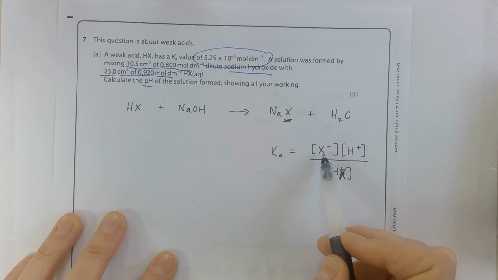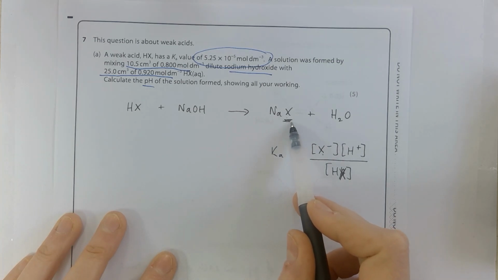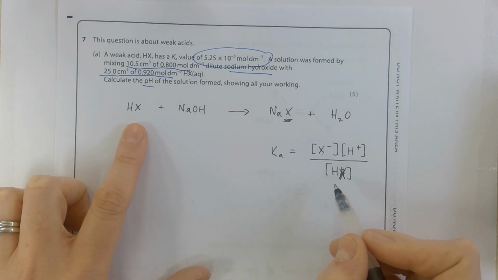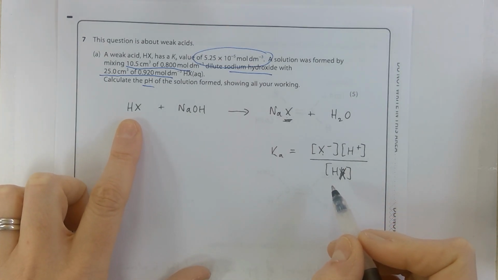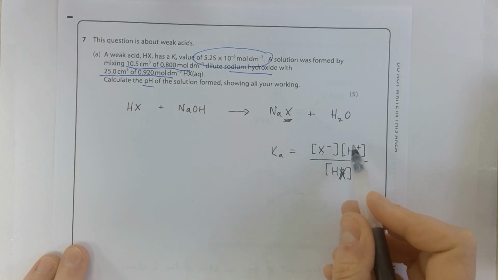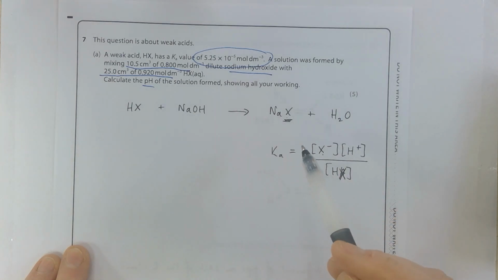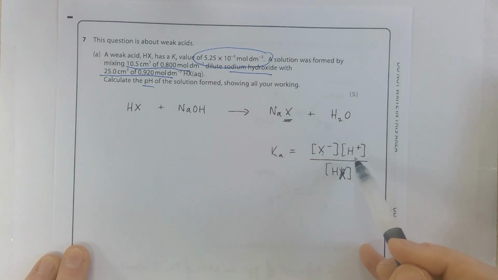The concentration of H plus and the concentration of X minus is not going to be equal because we're making some X minus in this reaction. The concentration of HX is going to be dependent on however much of this is left over at the end. The concentration of H plus is what I'm going to want to get in order to get the pH, because I'm given the Ka, so the concentration of H plus is the only thing that's left over at the end.